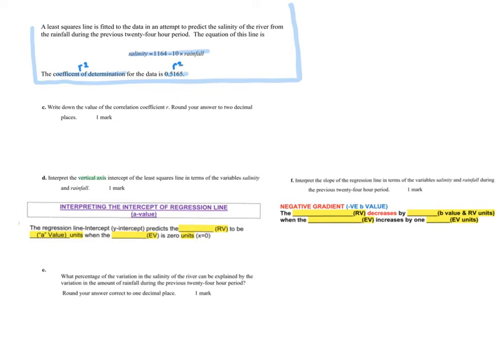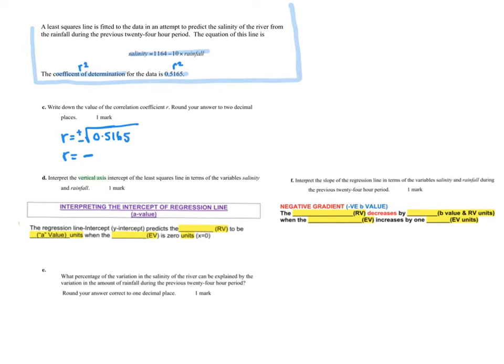So write down the value of the correlation coefficient. So that is just r. So remember, we can find r by doing the square root of r squared, which is 0.5165. But we have to make a decision on whether it's plus or minus. So you would be looking at the graph, the previous. You can see that it's negative, so the r value is going to be negative.